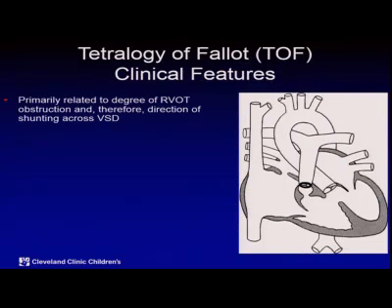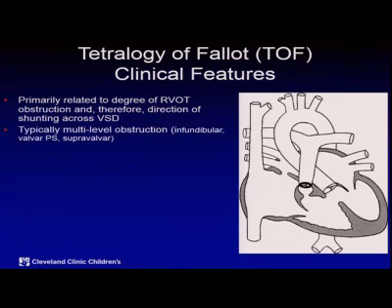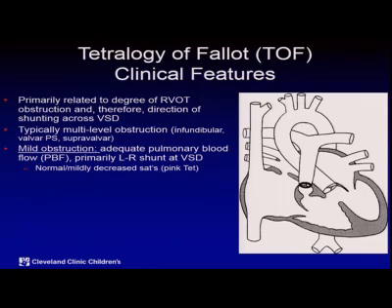So clinical features are primarily related to how much obstruction across the right ventricular outflow tract we have. And therefore, this will dictate the direction of flow of the ventricular septal defects. Typically, you have multi-level obstruction under the valve, at the pulmonary valve, above the pulmonary valve. If you have mild obstruction, you'll generally have an adequate amount of pulmonary blood flow, and you will primarily have left to right shunting across the VSD.